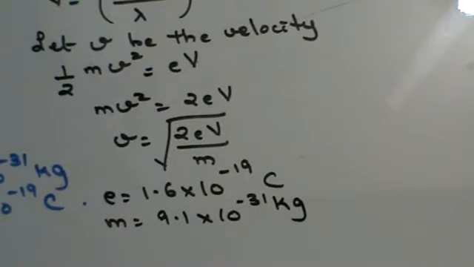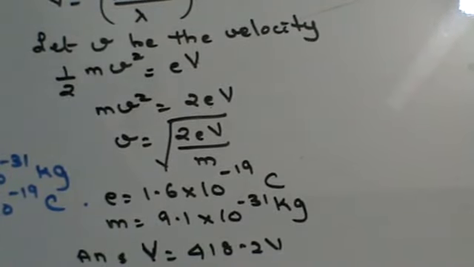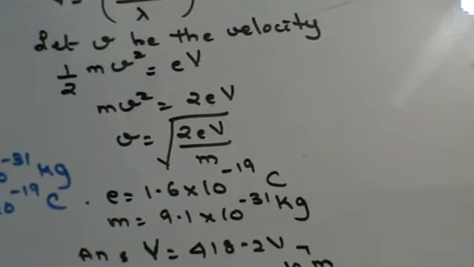The answer for this sum should be potential difference is 418.2 volts and velocity is 1.212 into 10 raised to 7 meters per second. Right? Take down the next sum, please.